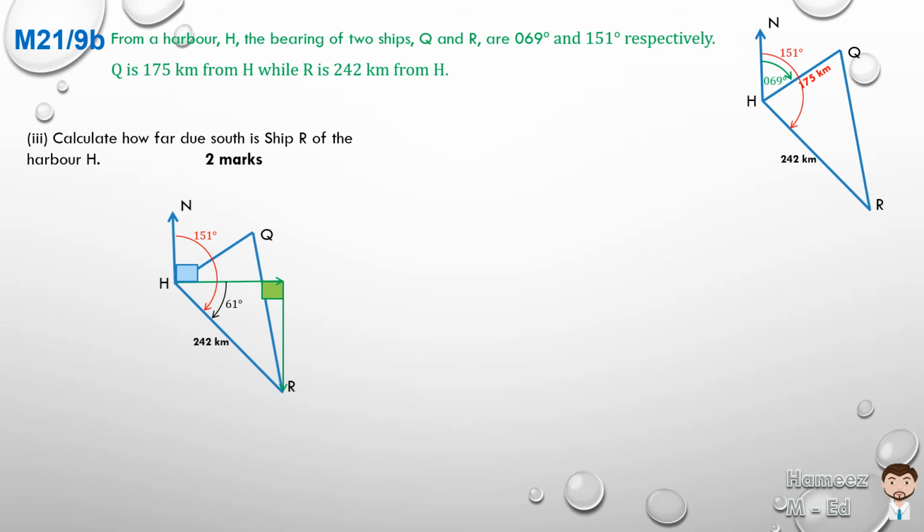And we want to find the opposite. So O and H means we can use sine theta is O over H. So sine 61 is equal to O over 242. O being the opposite, meaning how far due south R is from H. So if you want O, 242 sine 61, which works out to be 211.7 kilometers.